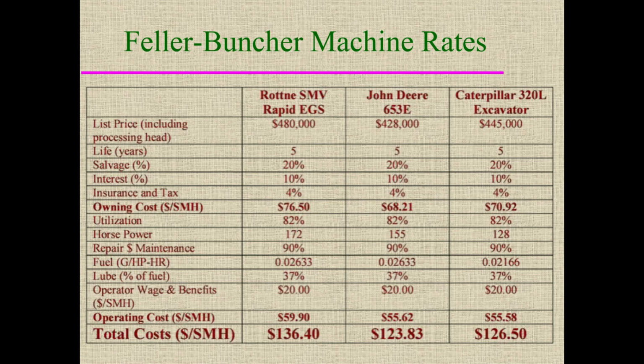When we come to the operating costs, we have to make some other assumptions. And here, as I said before, the repair and maintenance percentage was quite high in this study. That was in part because these were brand new machines in a new application, and there were lots of problems, so the estimate was set at a fairly high level.